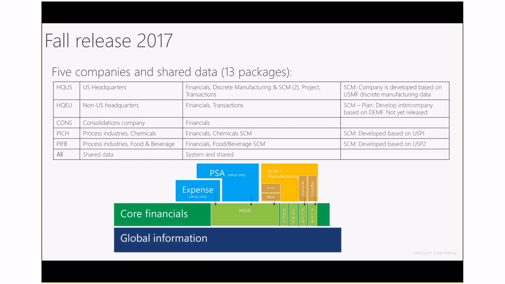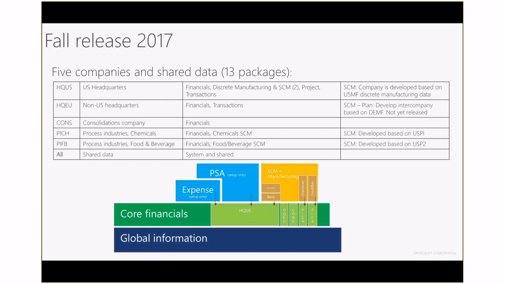The second company is called HQEU, and we wanted to have a non-US headquarters that would have financials and transactions. Right now that one is not very full yet. We've basically focused on the US to get started. One of the next things we want to work on is the non-US headquarters, so we have a worldwide set of demo.